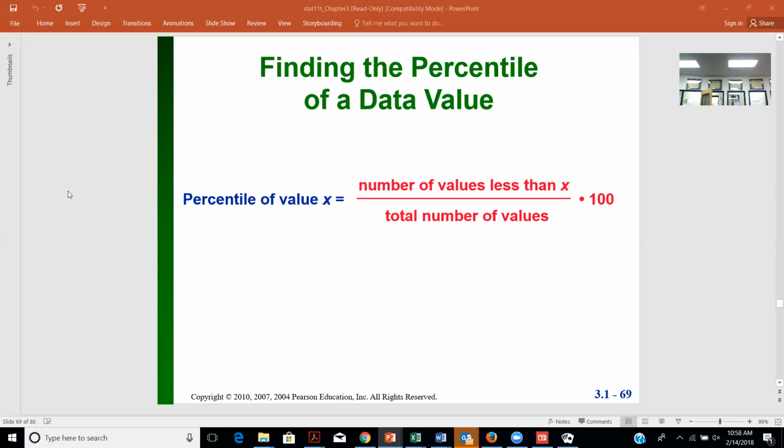Capital N is the number of data points in your population. But the formulas are calculated exactly the same way. We look at the difference between the specific value that we're looking at and the mean.